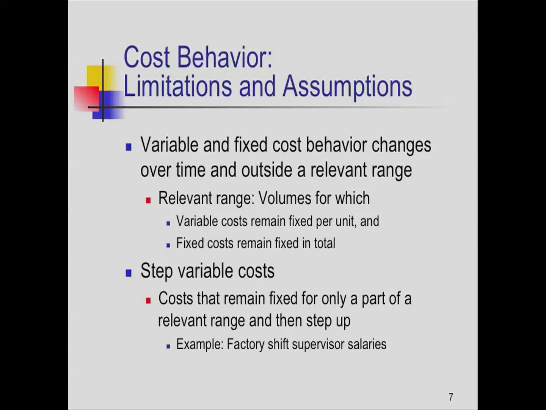Okay. So this is getting back to that whole relevant range concept, that the definitions for variable and fixed cost in total and on a per unit basis hold true within this relevant range. Just to give you another example, let's say you're going back to the bicycle example, you're manufacturing bicycles, and you use machines to manufacture bicycles, and you rent your machines.